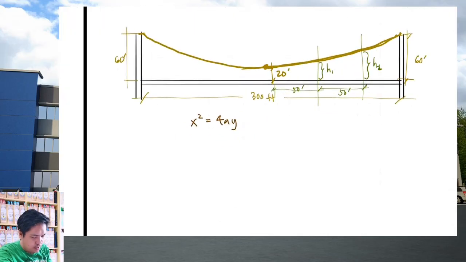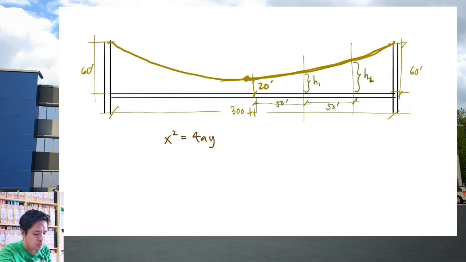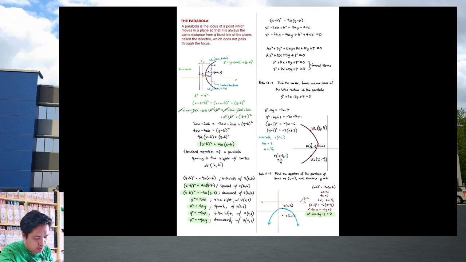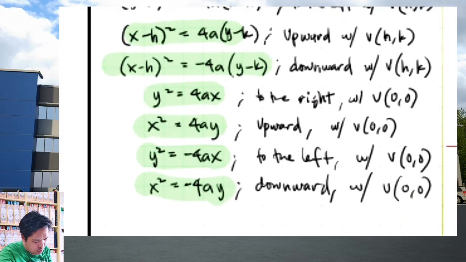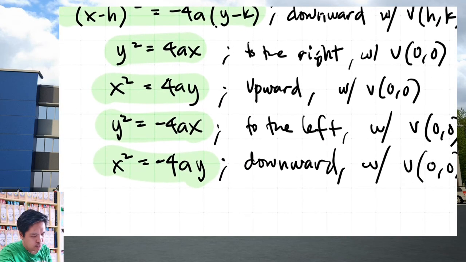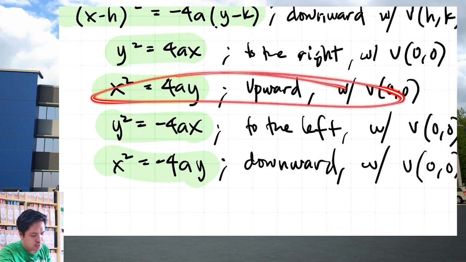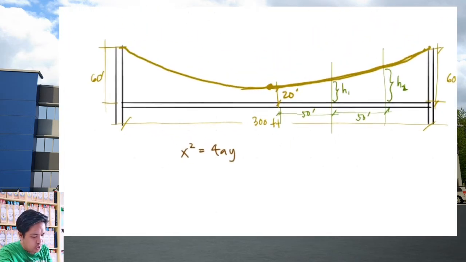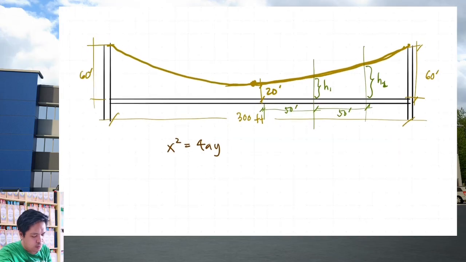So, yun lang gagamitin natin formula. Diba? That would be the equation of a parabola opening upward. Ito. With vertex at the origin. Okay? Ganon.